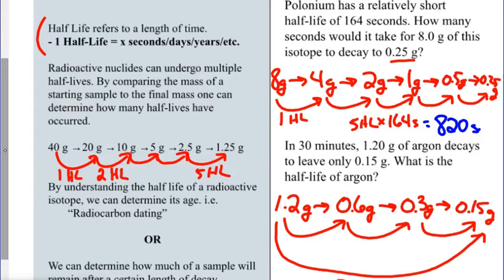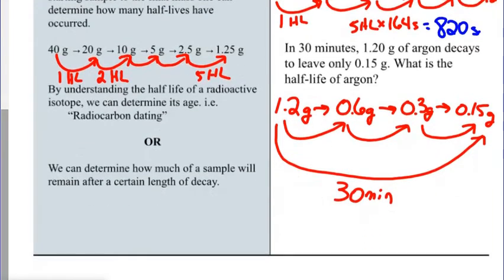So if we had 3 half-lives occurring throughout that entire 30 minutes, that means each half-life is only 10 minutes long. And so it takes 10 minutes for half of this radioactive argon to decay down to half of its original sample. Okay? That's all we're talking about in terms of half-life.